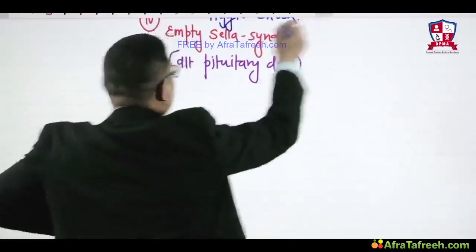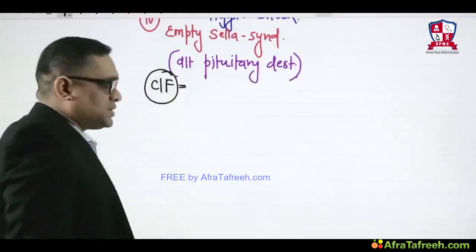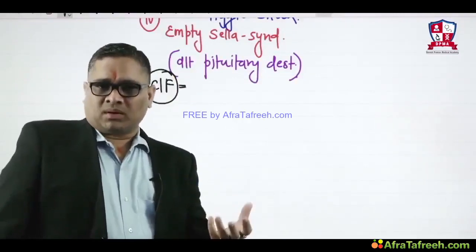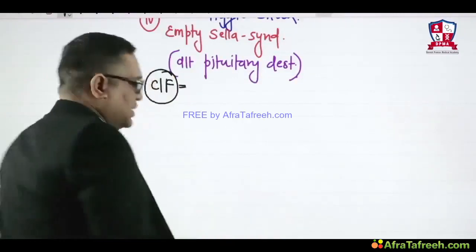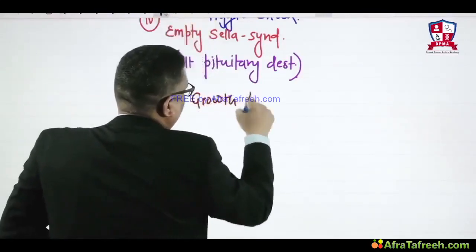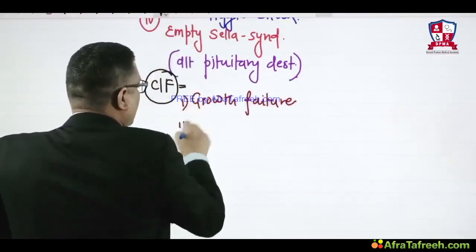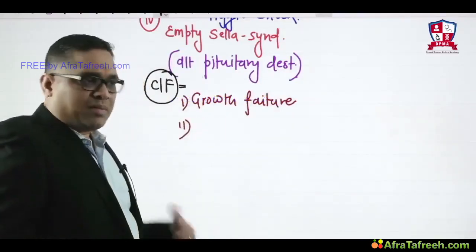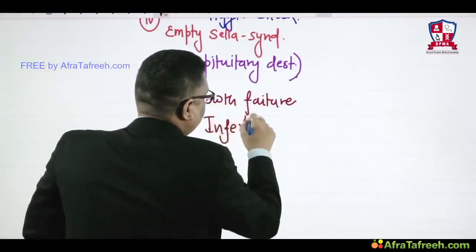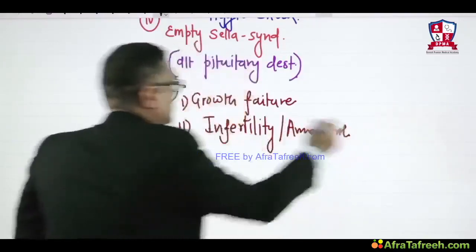And then we will see what are the clinical features of hypopituitarism, right? As you can see, what are the pituitary gland components? Gonadotropin, thyrotropin. So when all these are decreased, what will happen? This patient will have growth failure, because growth hormones are decreased. Because gonadotropins are decreased, the patient will have infertility or amenorrhea in females.